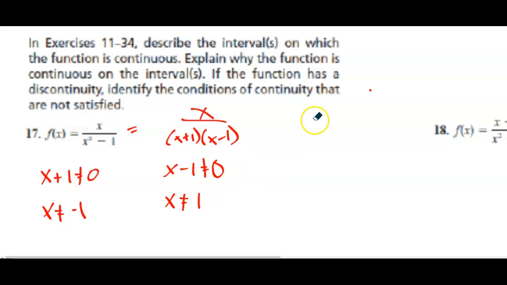Alright, so let's look at this next one. Oh, my fault. So we gotta define the continuity. We're gonna say for continuous, let me spell that.